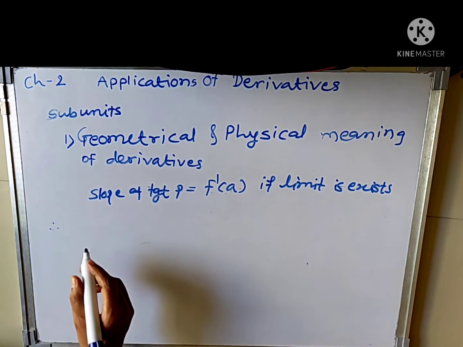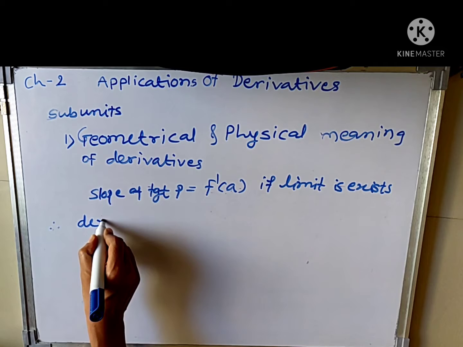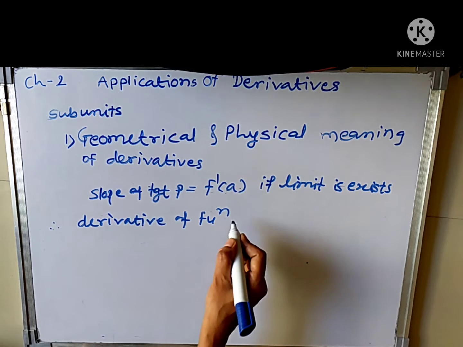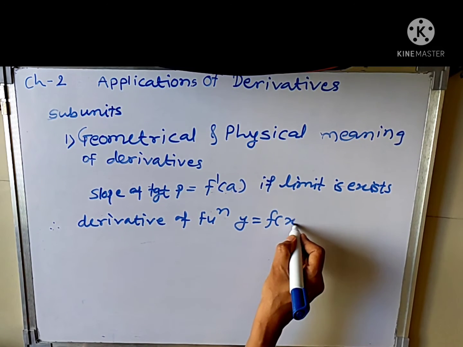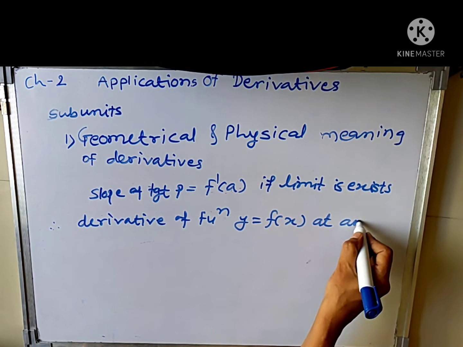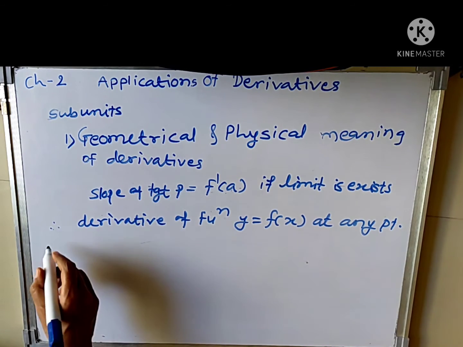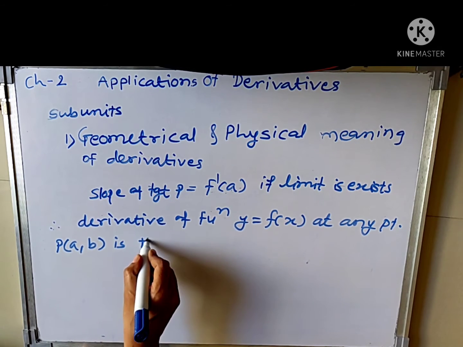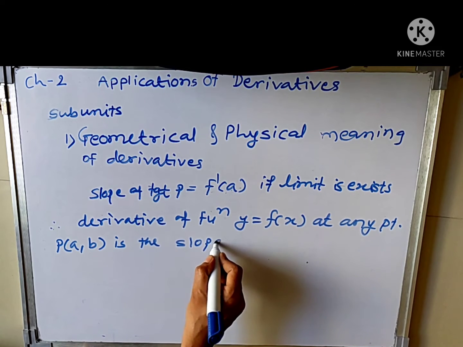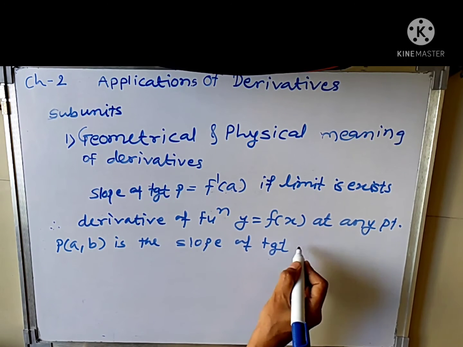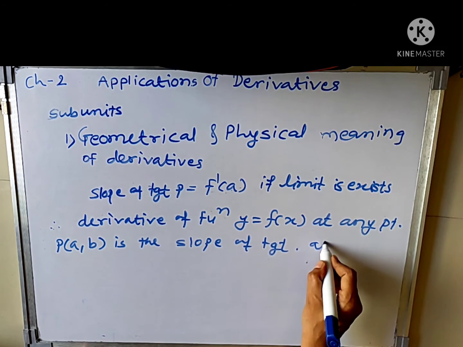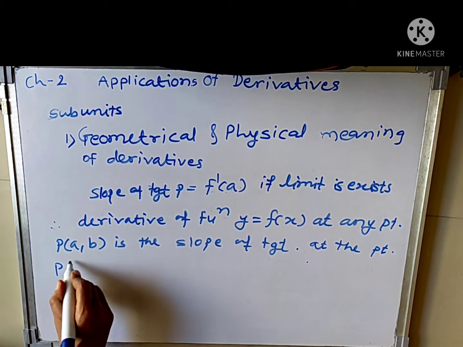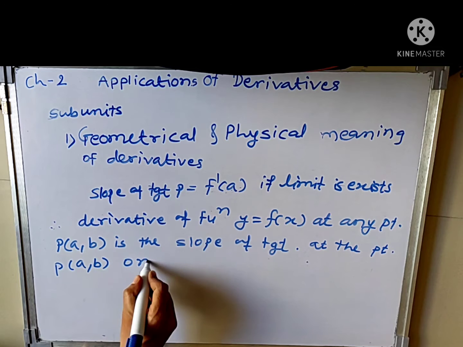Therefore, the derivative of the function y is equal to f of x at any point P(a, b) is the slope of the tangent at the point P(a, b) on the curve.